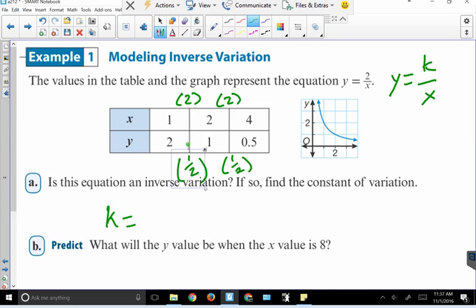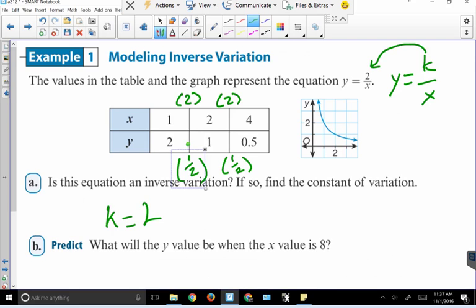What's happening to it? y is equal to k over x. So the constant of variation is going to be, if y is here and x is here, guess what k is? 2.